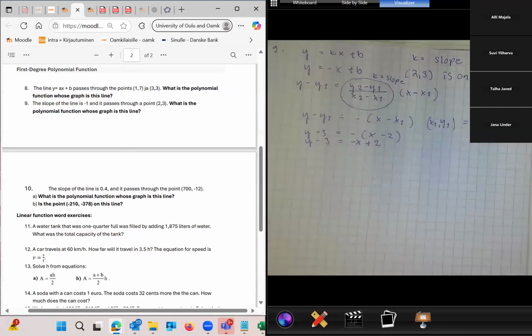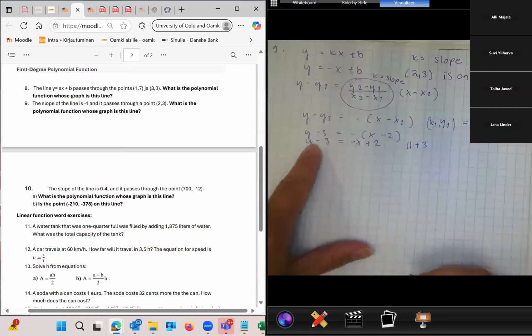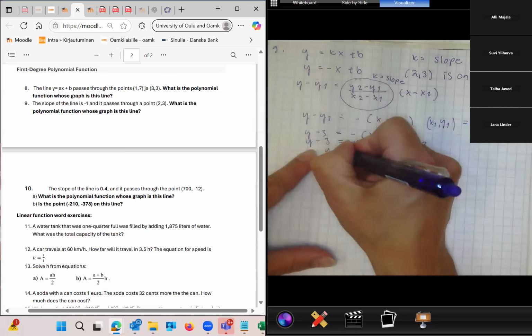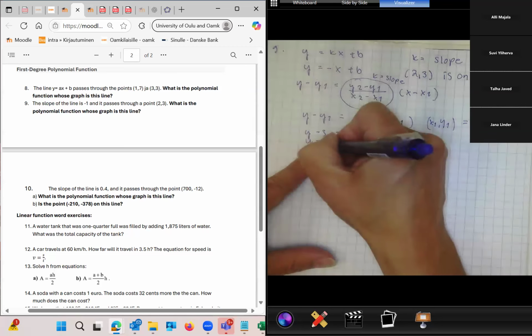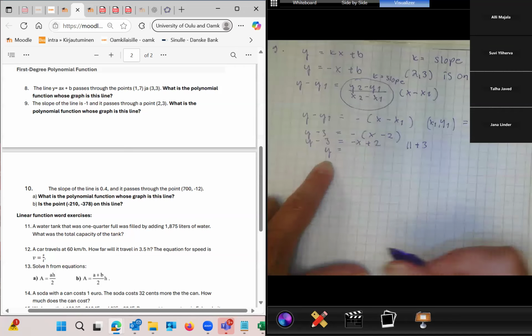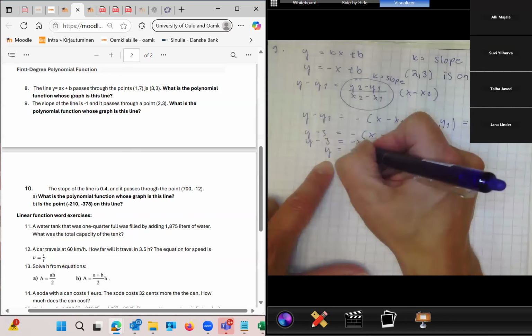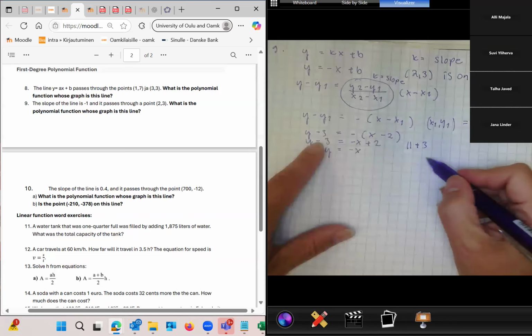Yes, good. And then the final thing, I want to have the y only here, so it's in the solved form. I solve it for the y. I have to get rid of the 3, so I add it. So if I add it, there's -3 plus 3.